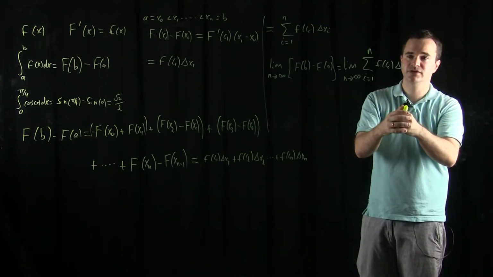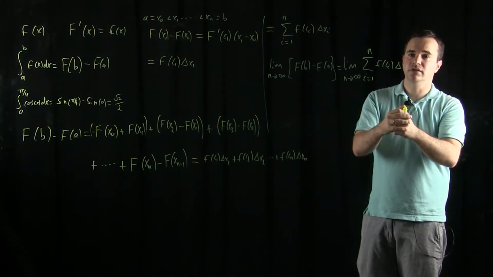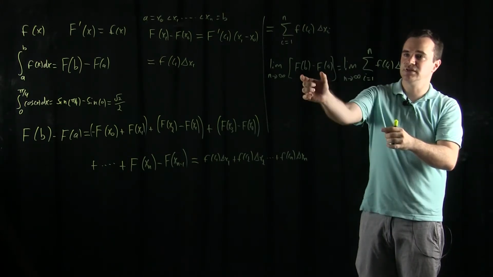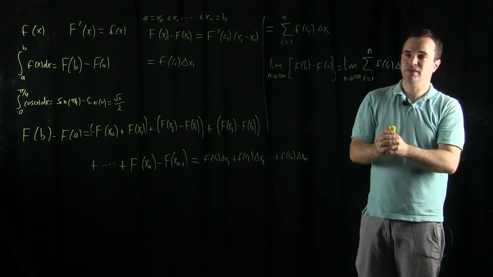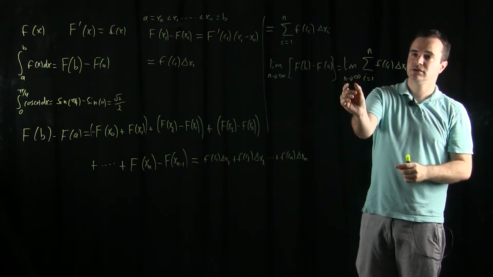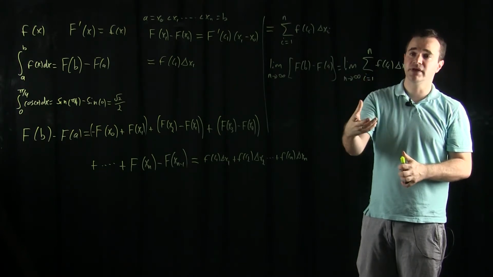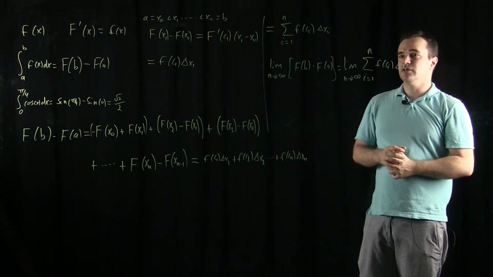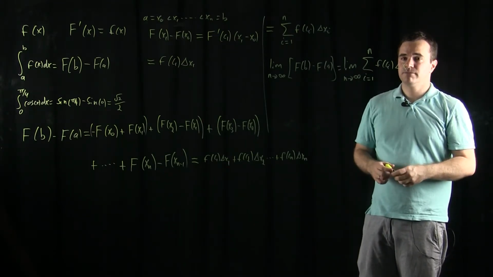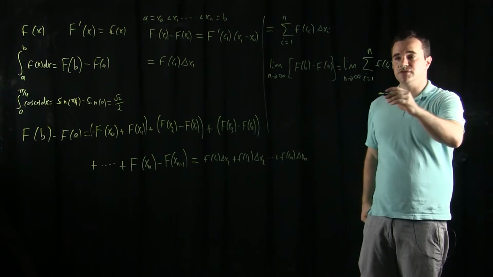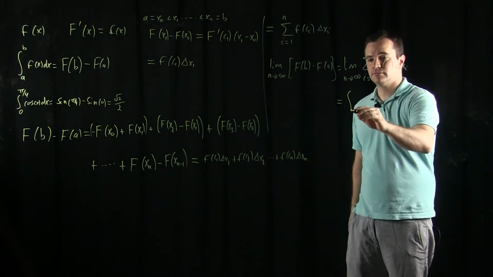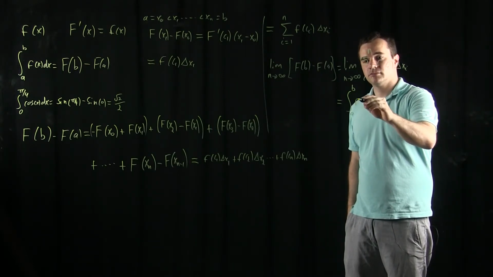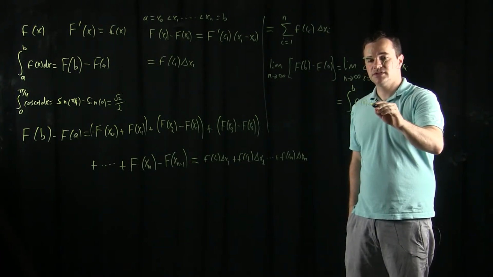Could be the right endpoint partition, could be anything else. Once you've picked that partition, there exist points ci such that this is equal to that. Then you're just trying to take the limit of these sums, if they exist. If the limit does exist, then it will be equal to the definite integral of f of x dx.